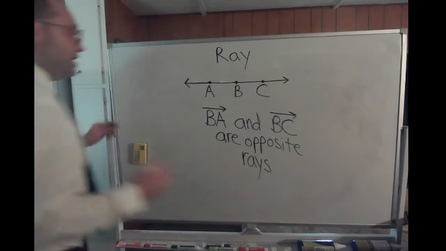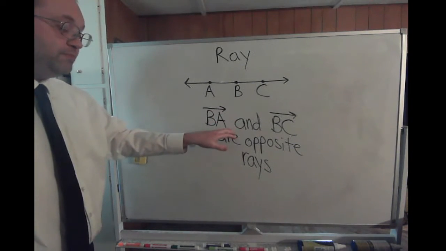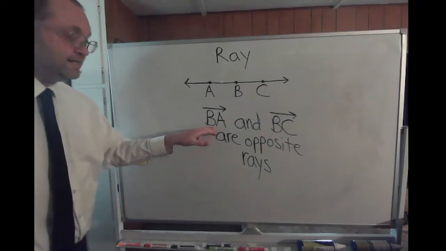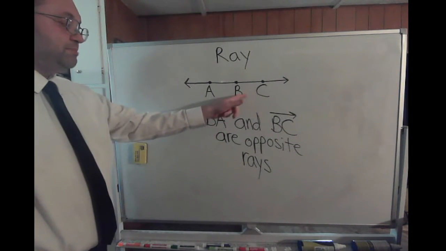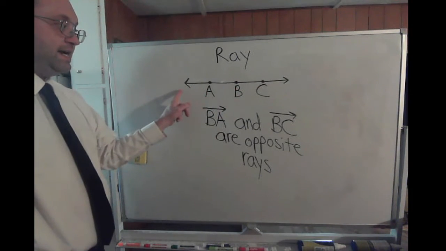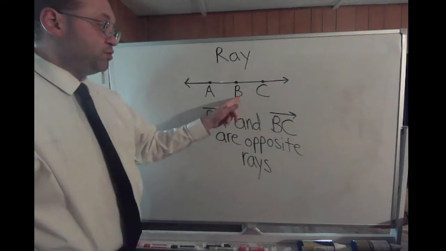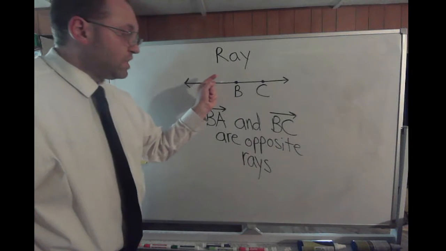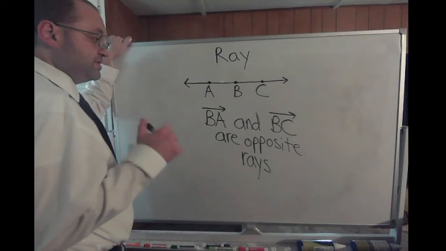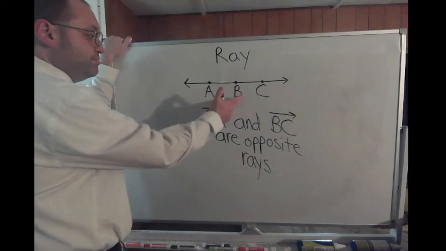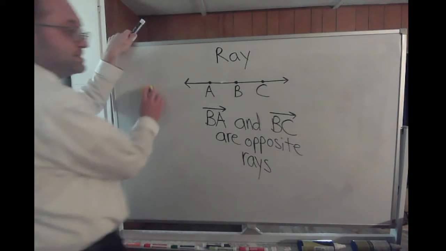Well, that's going to be because they both have the same starting point of B. You notice B is the first letter on the ray denotation, but BA starts at B and it keeps going further left past A, because this tells you it goes infinitely past A. And then ray BC starts at point B and then it keeps going infinitely past C. So they're opposite rays because they have the same starting point, and the starting point lies in between points A and C, so those would be considered opposite rays.